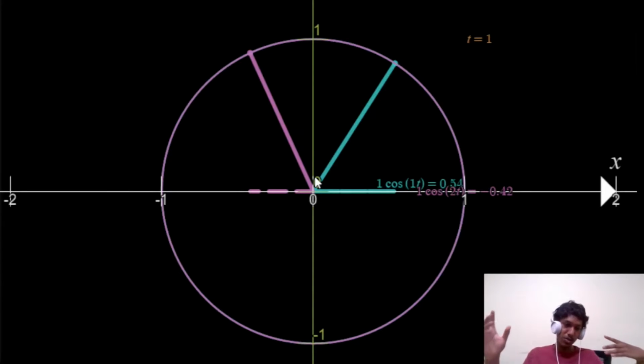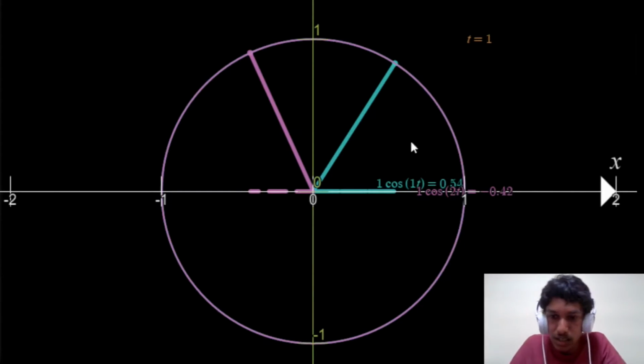If it's cosine 55 degrees, you rotate the line 55 degrees and then project onto the x-axis, and now you've got your cosine. Or if you want, project on the y-axis for the sine. And then you notice the purple line is farther off. It's actually 2 radians rotated from the positive x-axis, because you go 2 times 1.